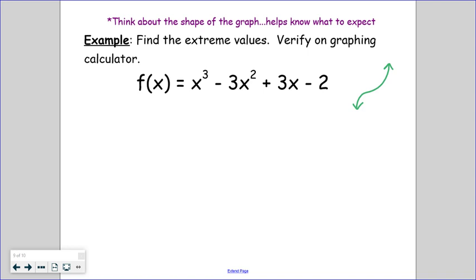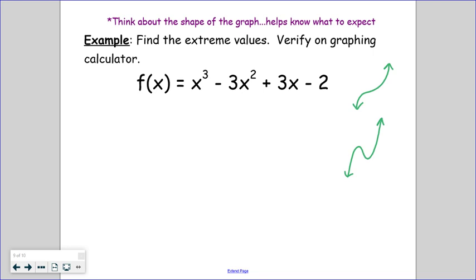There are no absolute maxes and mins. Now, have you seen a cubic graph that does something like this? Does that have maxes and mins? But they will be local, won't they? They will not be absolute. So that helps me think through whether or not I would have absolute maxes or mins. I can't, because of the function itself.